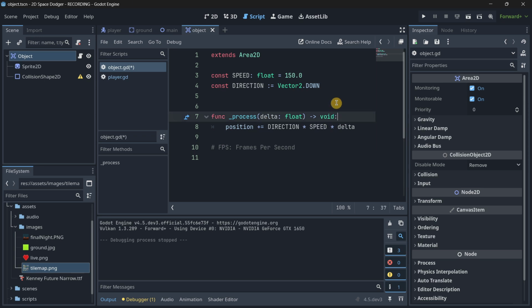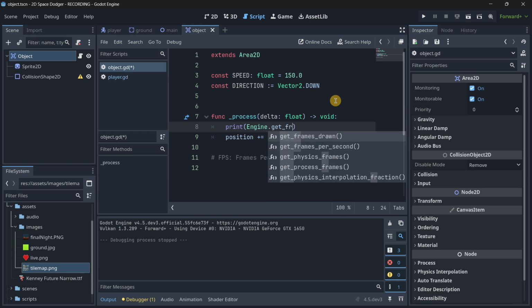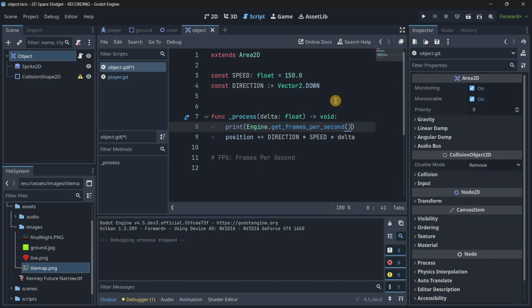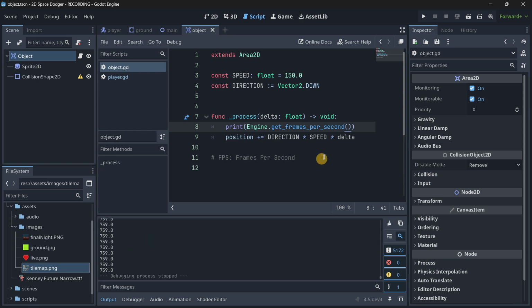So what I want you to do right now is to go to this process and print and type Engine.get_frames_per_second, sorry, this wasn't the formula, it was get_frames_per_second, and run the scene. In my case, the game is currently running at something like 800 FPS, 700, something like that. On your PC, it may be more, it may be less.